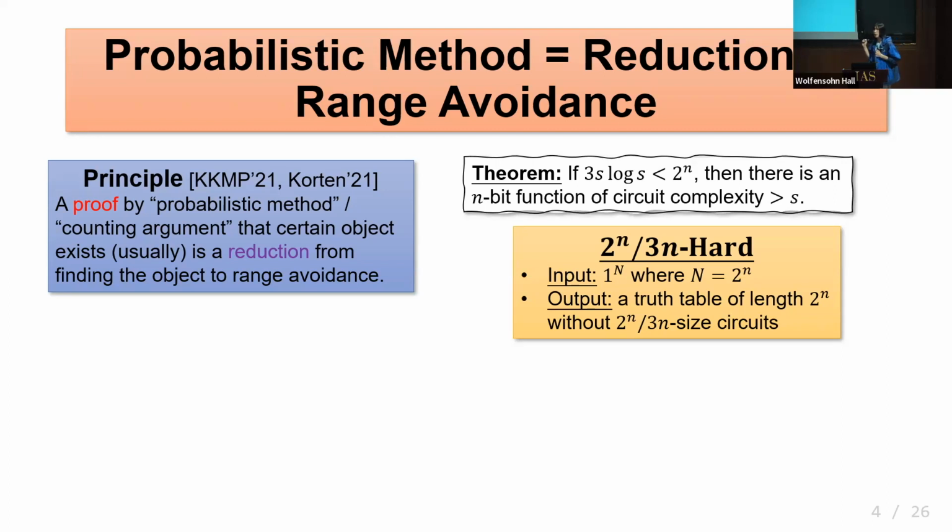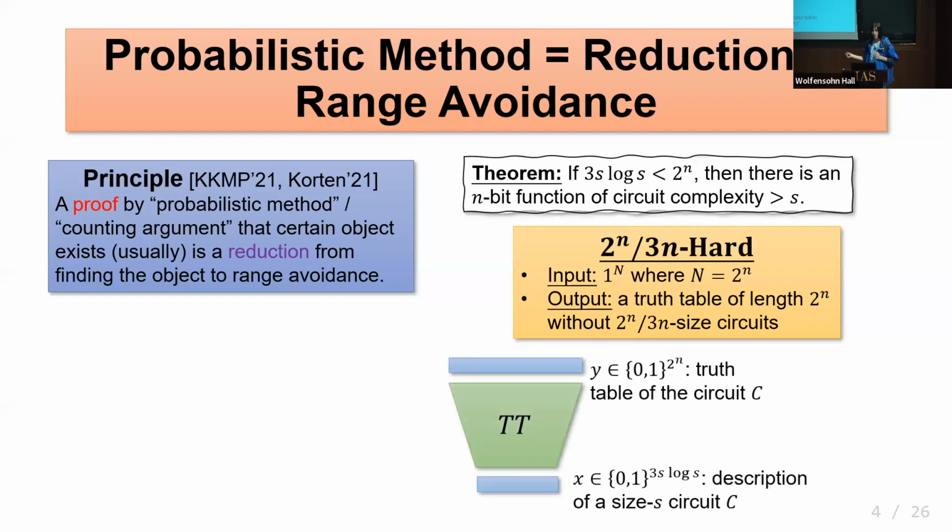This capital N will specify the size of the object you want to find, and your goal is to find a truth table of length capital N that requires circuit complexity more than about 2 to the n over 3n.